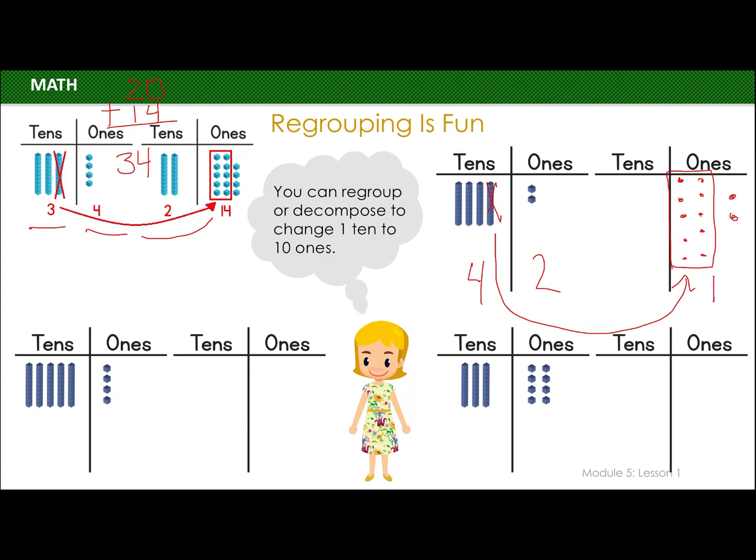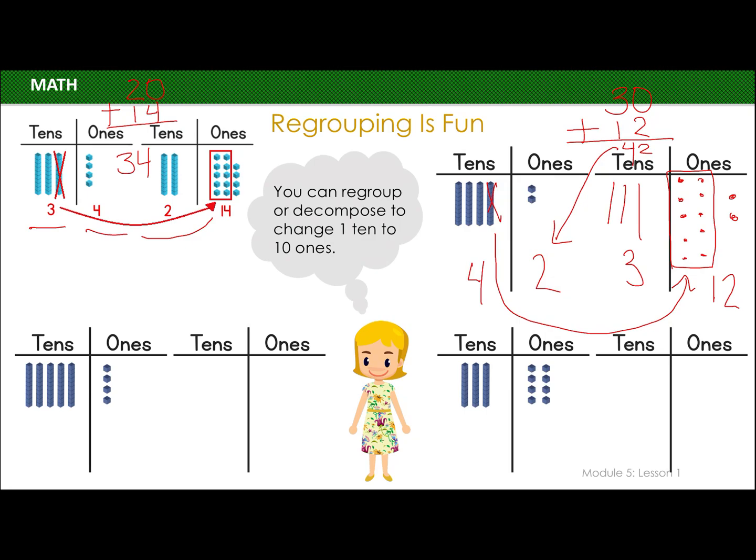So 10 plus 2 gives me 12 ones. And because I had to use one of my 10 sticks from my 4, I now am left with 3, or 30. So I have my 10s, which is 30, plus those 12 ones, and I still have 42.